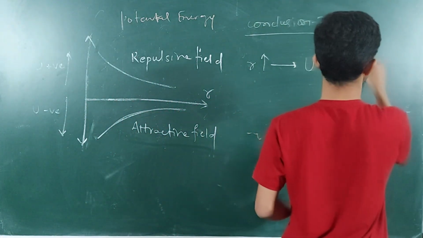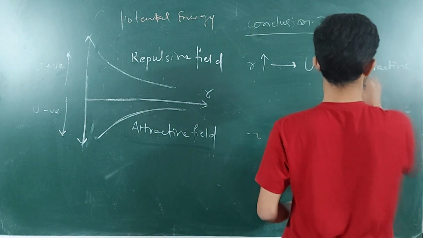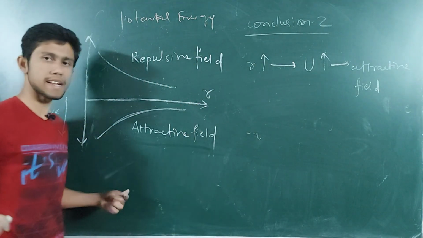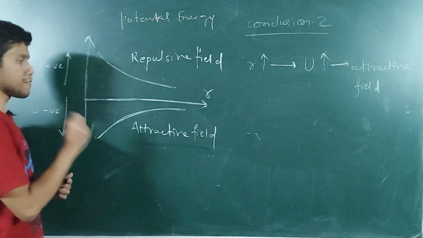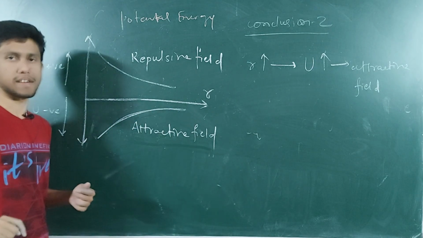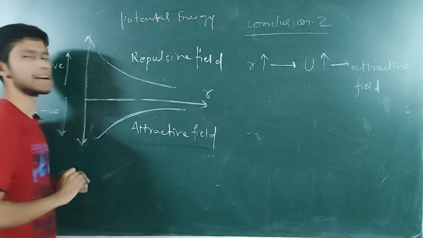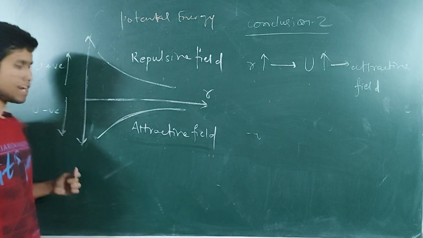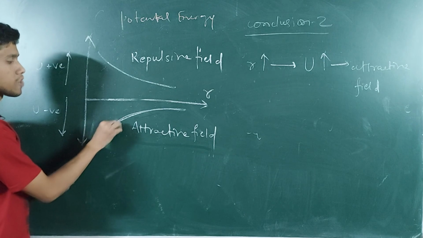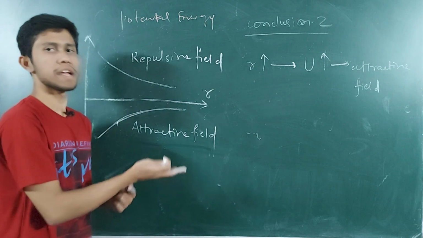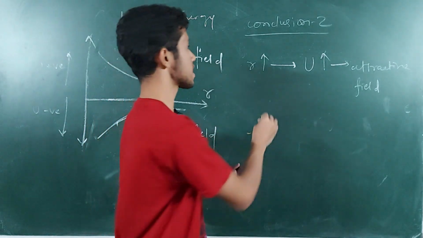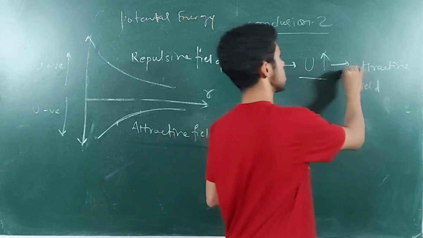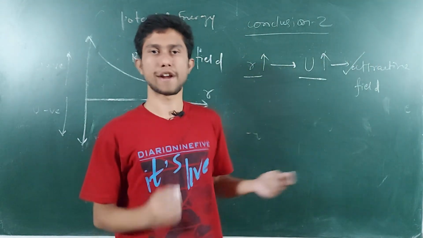Again, if you increase R, the distance of separation, and you see U increasing with R, going in the direction of the positive y-axis, here it will be -5, here -4, here -3, and so on, increasing. In such cases, if you see R increasing and simultaneously U also increasing, then you can deduce that the field is attractive.